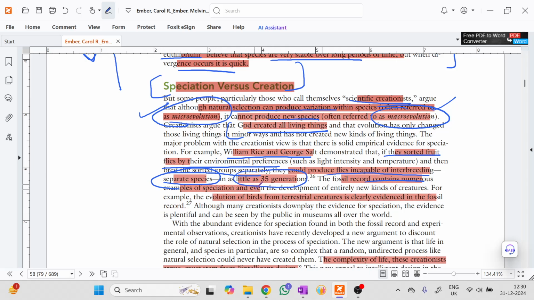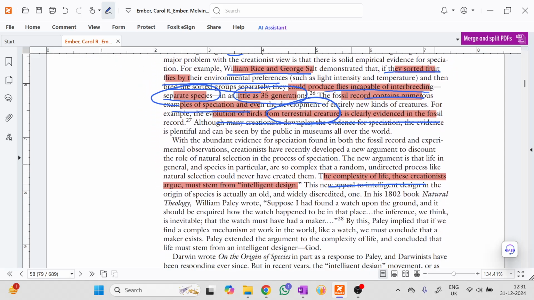Then the fossil record also contains numerous examples of speciation and development of new species. Here, another example from the fossil record is the evolution of birds from terrestrial creatures.